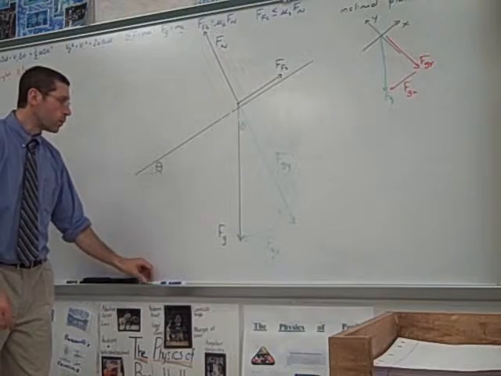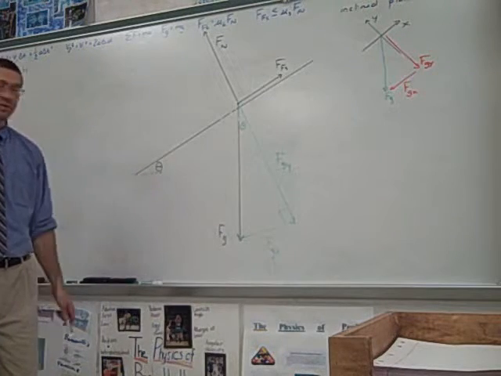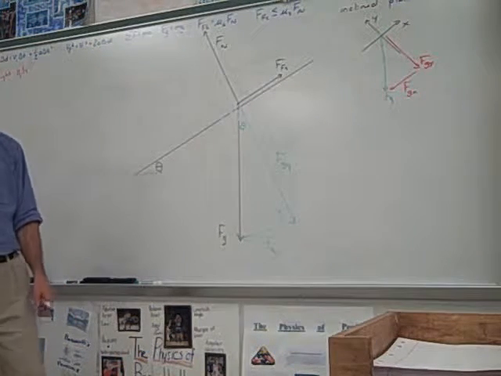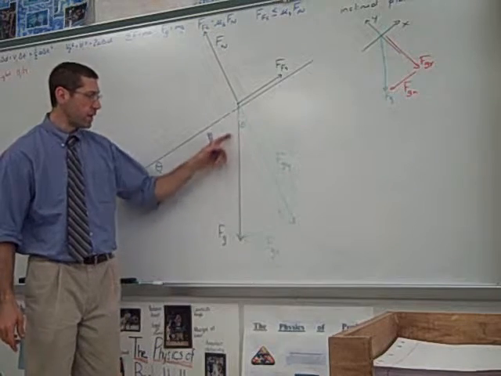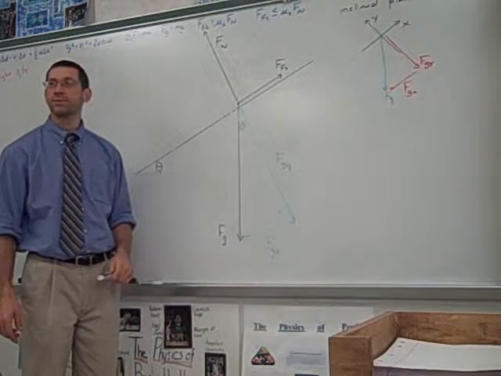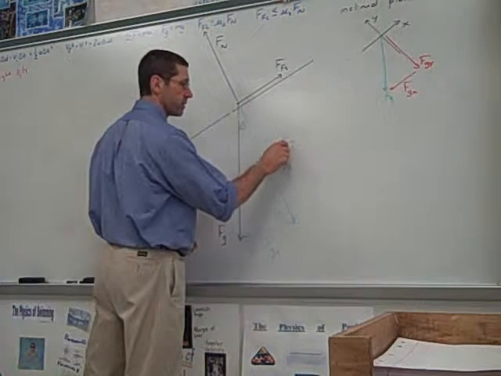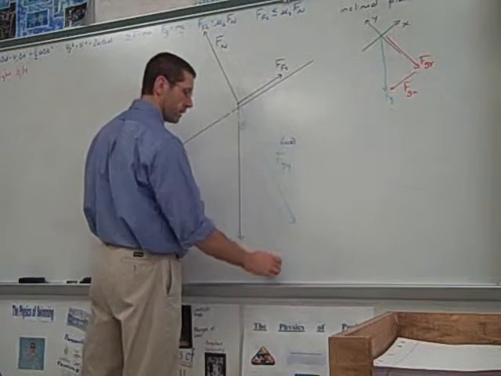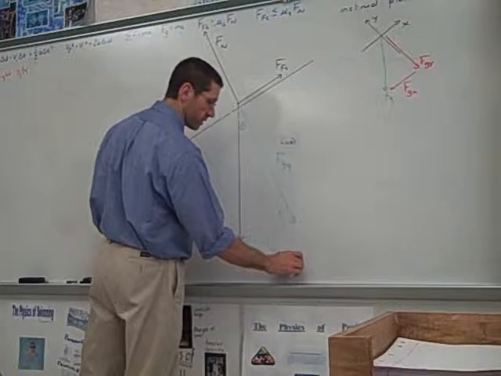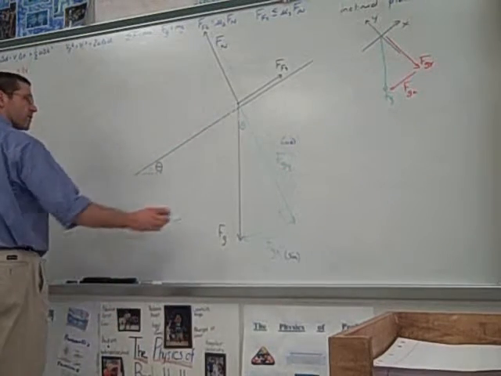Now, what trig function will I use to get FGY? So look at my triangle. Here's the angle. FG is the hypotenuse. Cosine. Right. So FGY is going to be gotten by using cosine, and therefore FGX will be gotten using sine. So let's just write that out.